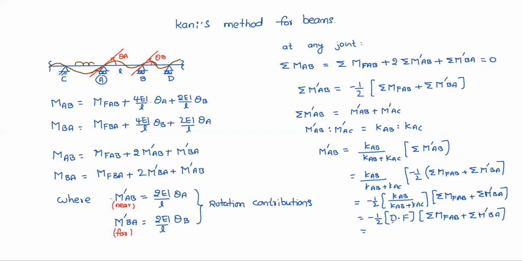Now minus half into distribution factor is called rotation factor. Rotation factor multiplied by sigma MFAB plus sigma M dash BA. Okay, that means here rotation factor is nothing but minus half of distribution factor.